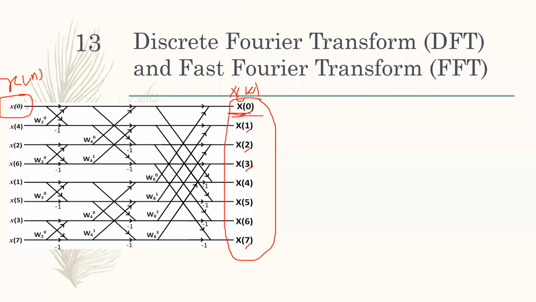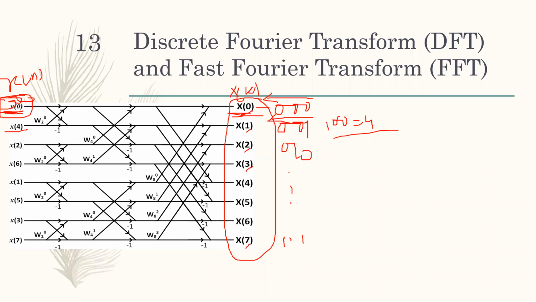In this case, you can see there is a special feature here. Taking the index 0, it is 0, 0, 0. Then 0, 0, 1, then 0, 1, 0, and so on I can continue, until lastly 1, 1, 1. Now if I read this in reverse, I get the sequence that has to come here. Here I read 0, 0, 0, therefore it will be x of 0. And this one, read in reverse, is 1, 0, 0, which turns out to be 4 in decimal.